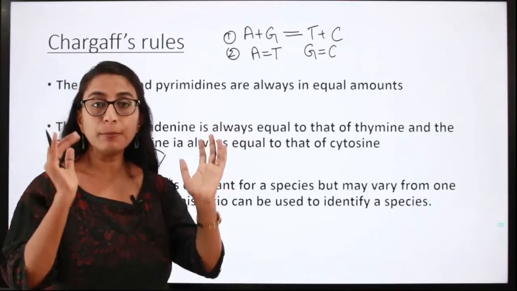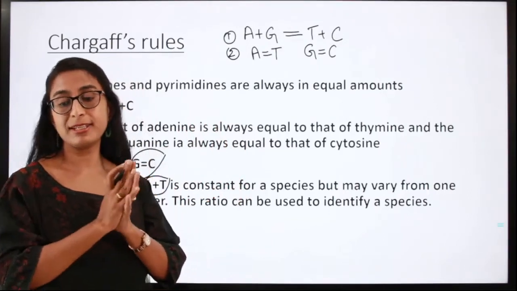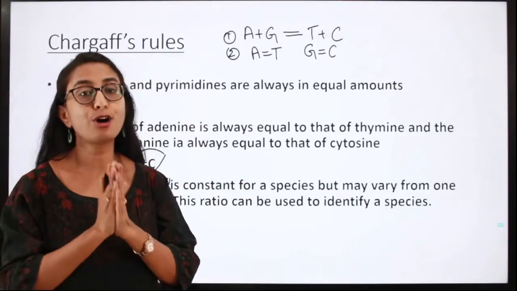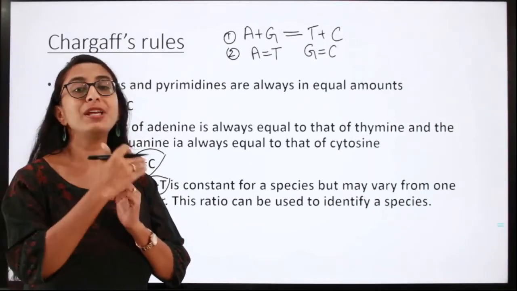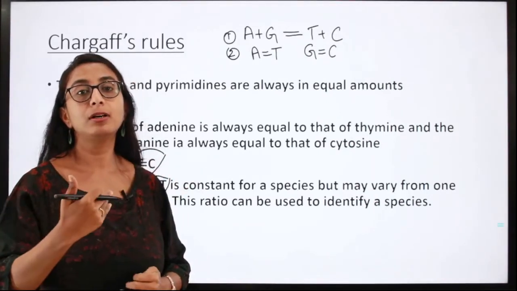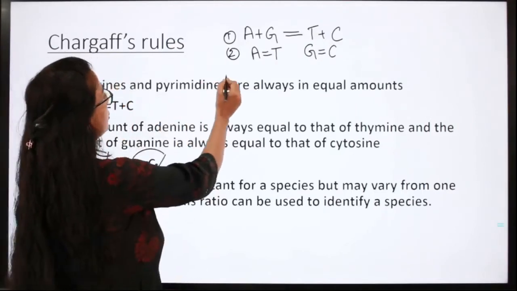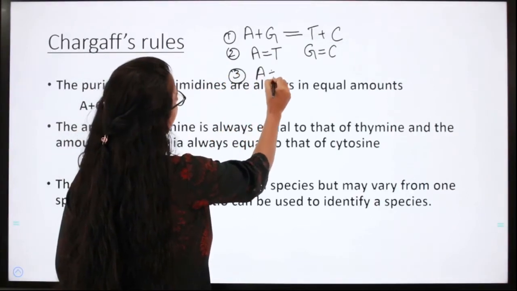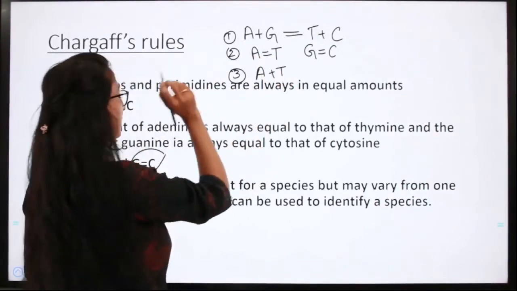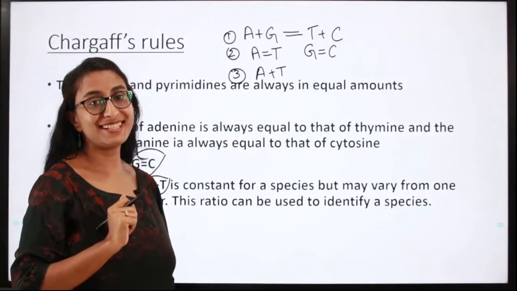However, among all the members belonging to a particular species, the base ratio of A plus T will be constant. And this helps us to identify which species that particular animal belongs to. Got it? So the third Chargaff rule says that the adenine plus thymine base ratio will be constant for a species.